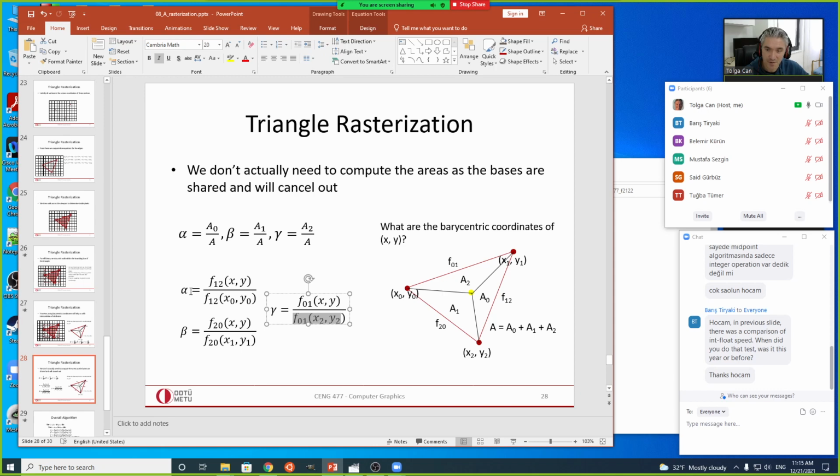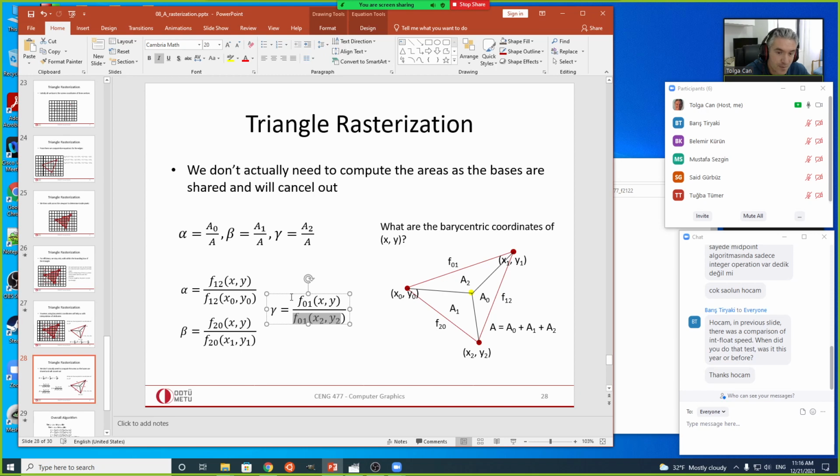By the way, if you know alpha and beta, you don't need to compute gamma like this, because they need to, oh, do they need to add up to 1? No, because we will be computing this alpha, beta, gamma also for pixels that may be potentially outside the triangle. We will actually be using alpha, beta, gamma for the inclusion test as well, because for a pixel that is inside the triangle, all of alpha, beta, and gamma should be positive.